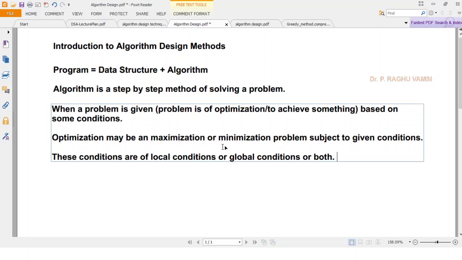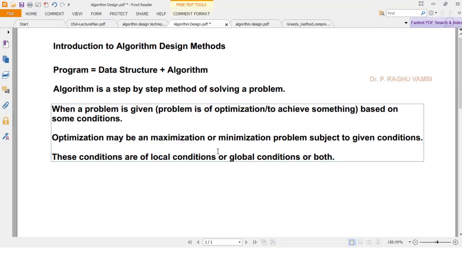These are the two restrictions I need to follow to achieve the objective. So these are the ways in which the problem has to be solved by considering the conditions wherever required. These are said to be local conditions or global conditions. Sometimes both need to be followed or achieved to reach the objective.